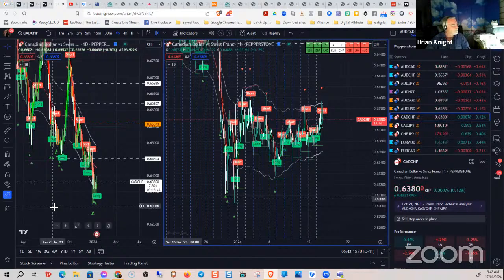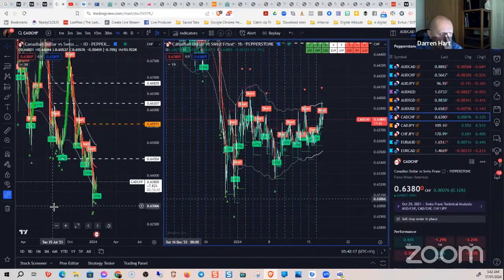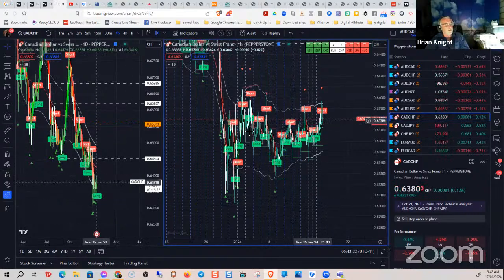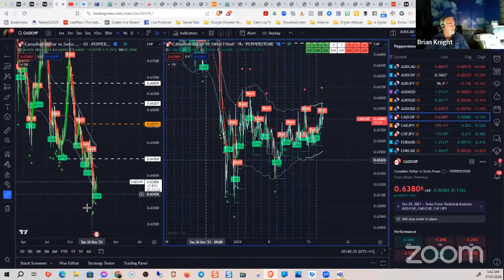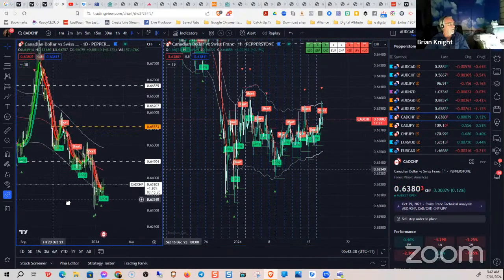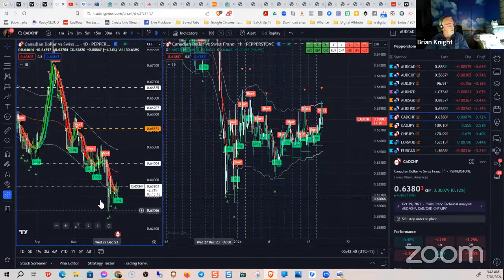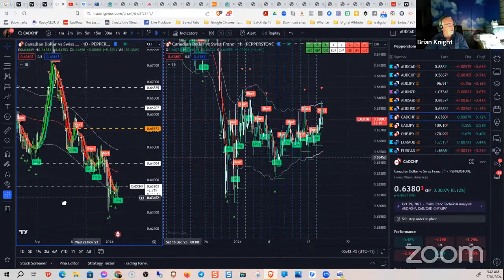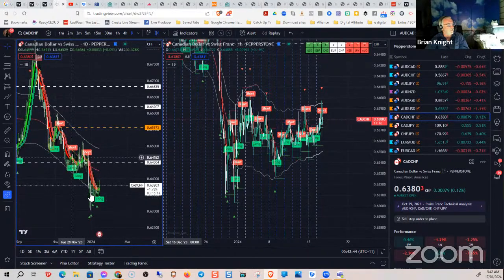It's not a very convincing move, though, is it? I'm looking at that now. Essentially, if you ignore that long and just open that out, it's still going sideways, really. Yeah, you can see that on the hourly. But then again, you've had longs here, but you don't have any triangles, right? So they're very short-lived.